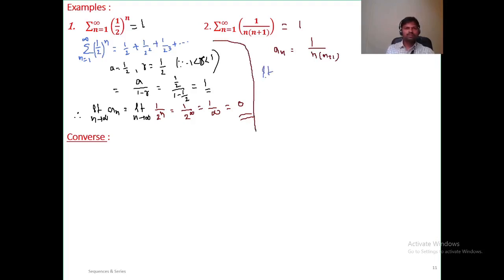Limit n tends to infinity of 1 upon n into n plus 1. Instead of n, we write infinity. So 1 by infinity, this is 0. That's it. So if you have a convergent series, as this is, the nth term goes to 0.